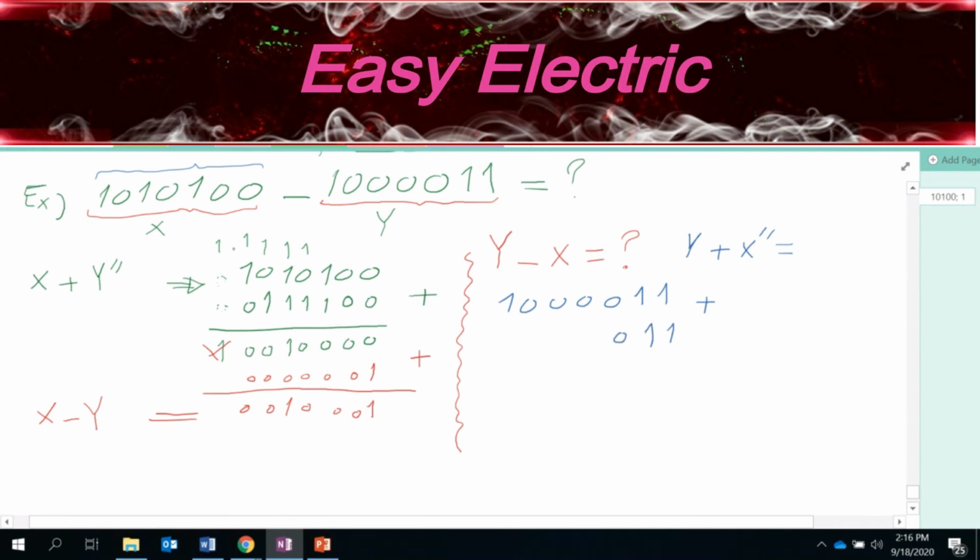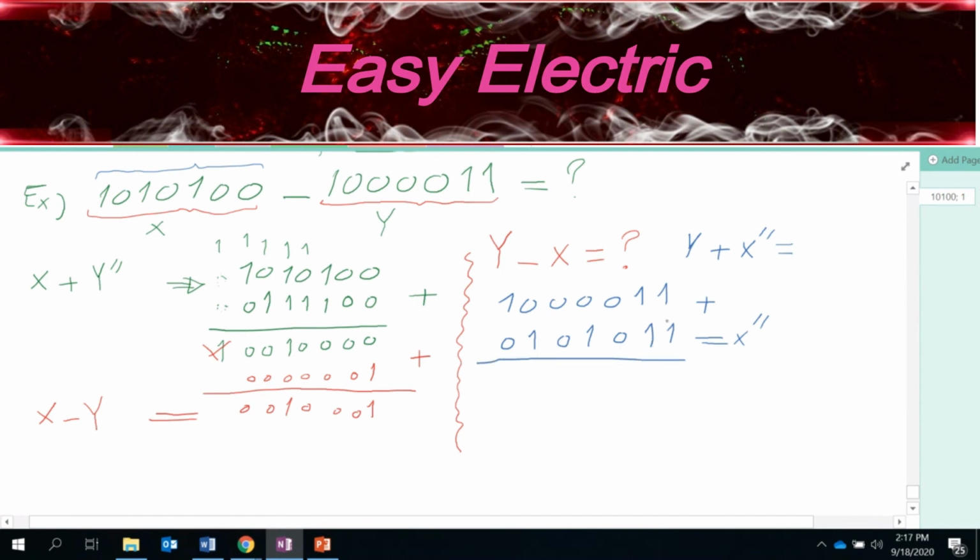Then again 0 should be 1 1 0 0 1, and this should be 0. So 0 1 0 1 0 1 1. So this is actually the first complement of the x. 0 1 0 1 0 and 2 1.